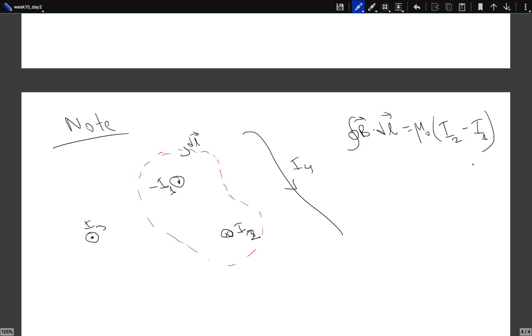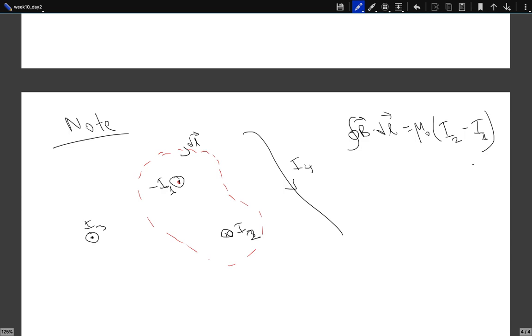And just like we could have positive charges and negative charges, here we can have positive currents and negative currents. To determine the direction of these currents, we again use your right hand. Once you choose the direction of going around the loop, say clockwise, your right hand tells you that the positive current goes into the screen and the negative current comes out of the screen. They are pointing in opposite directions.